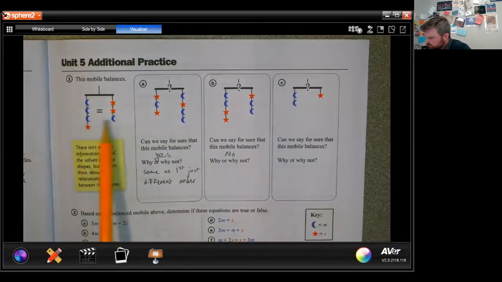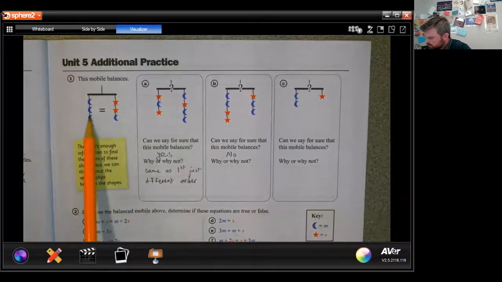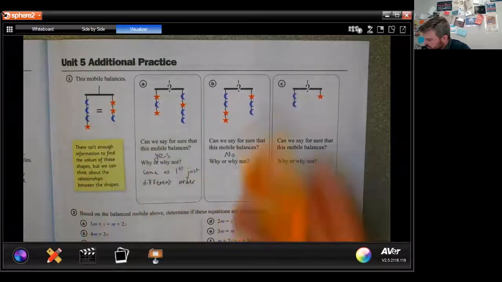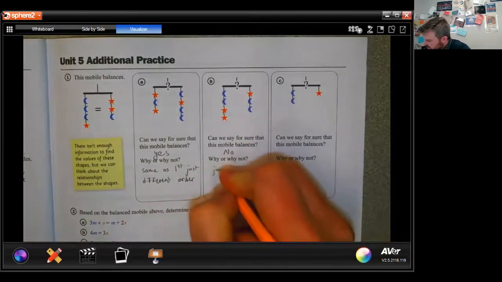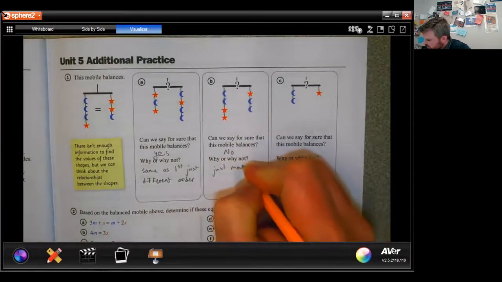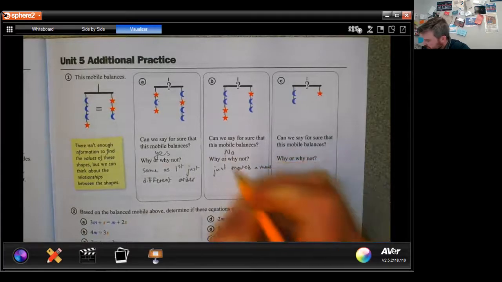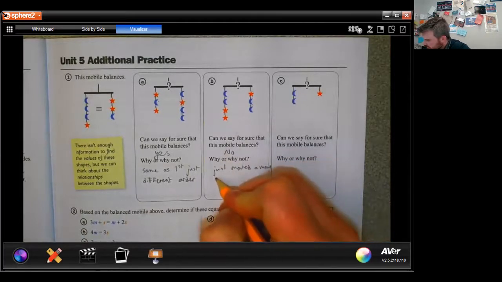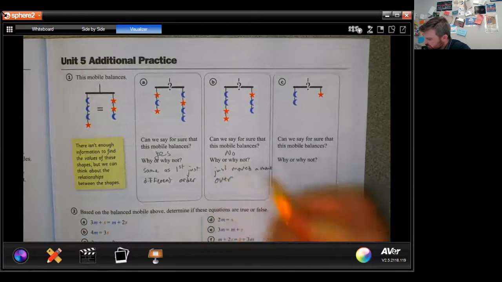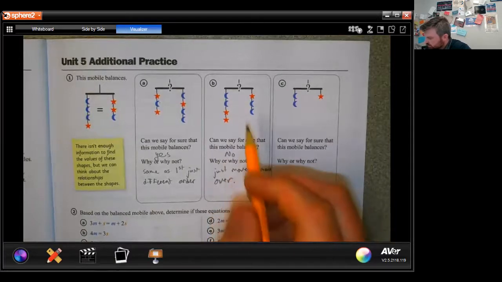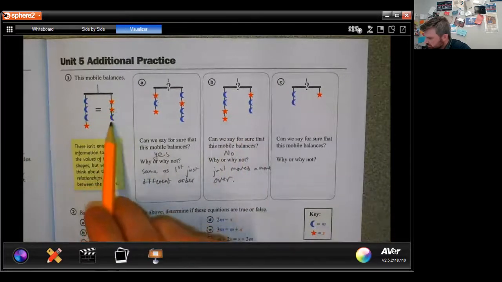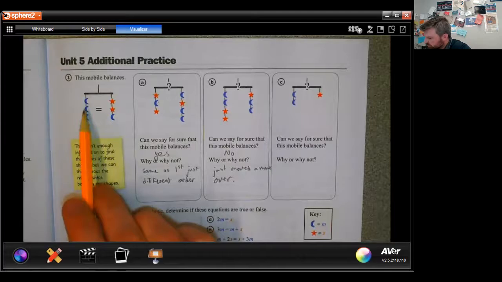So we just move this from this side over to this side. Just moved a moon over. So we'd have 2 stars and 2 moons, 1 star.